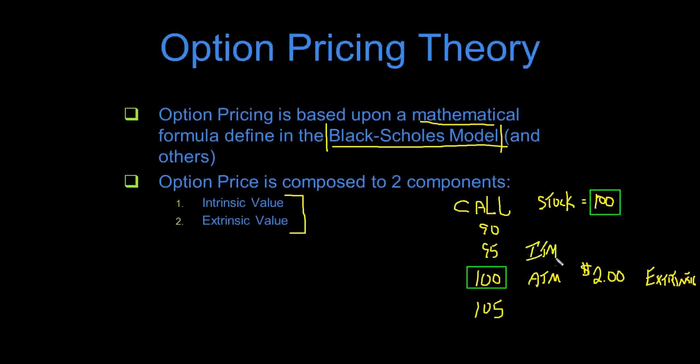Let's say this one costs me $7 to buy. If I spend $7 to buy this one, how much of it is in the money? $5 of it. So this one now has $5 in the money plus $2 out of the money.